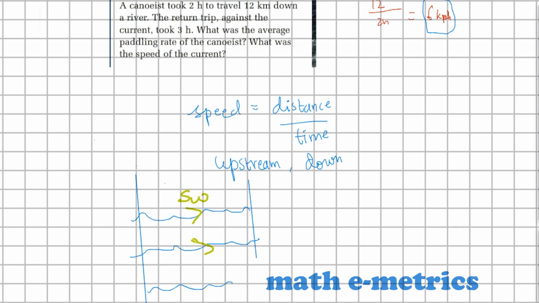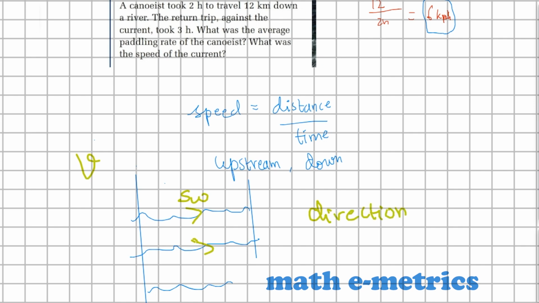How do you represent the speed? Is it s or is it v? Since we're doing kilometers, isn't it velocity? You can take anything. Velocity means you have to consider the direction.